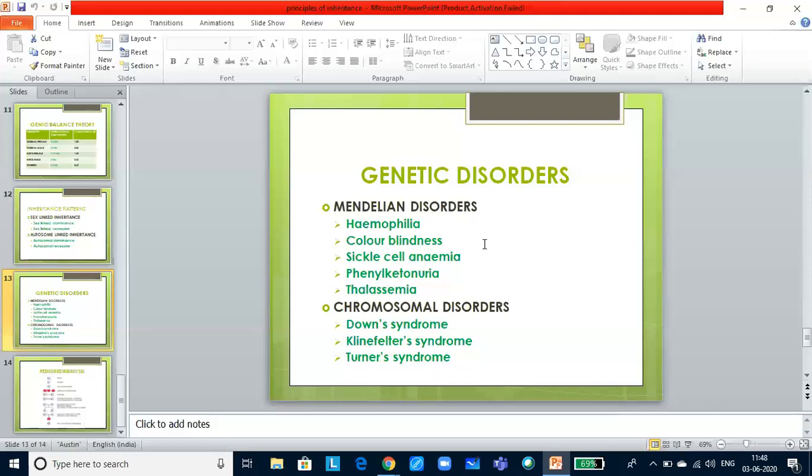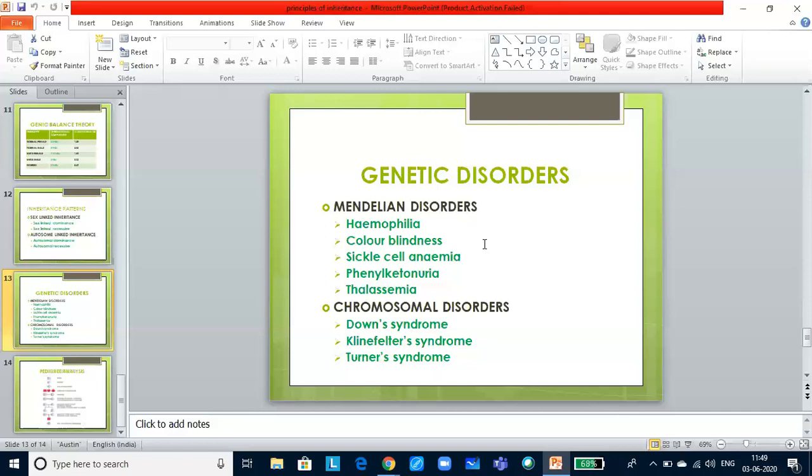As hemophilia is caused by a recessive X-linked gene, a woman may carry the disease and is called a carrier because it is present on the X chromosome. If a woman has two X chromosomes, one defective and one normal, she will only be a carrier and will not suffer from the disease. But males have only one X chromosome, and if they get a defective gene, they become hemophilic.